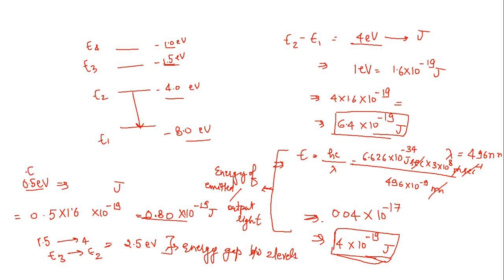So first we did E4 to E3. Now I'll write it down again for E3 to E2. Here the energy was 1.5, and this was minus 4.0 electron volt, and this is E3 to E2.